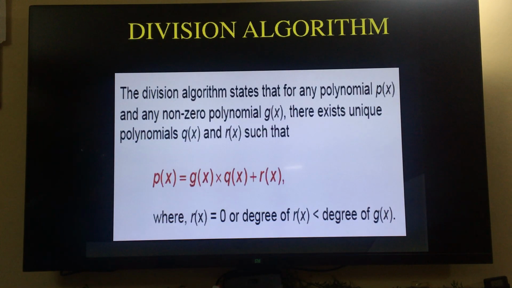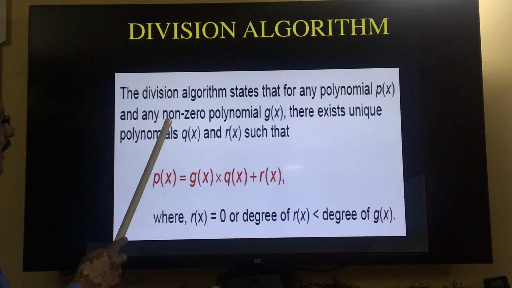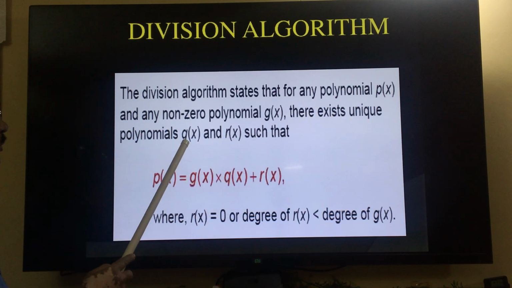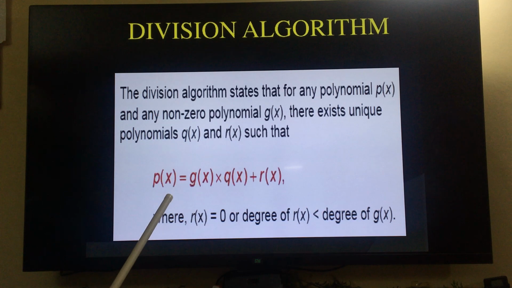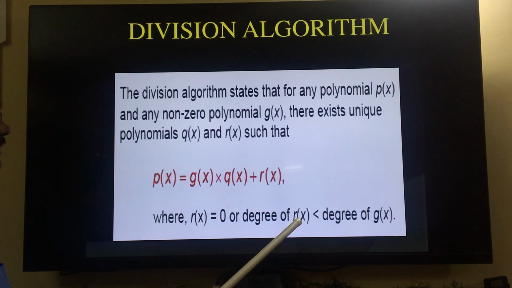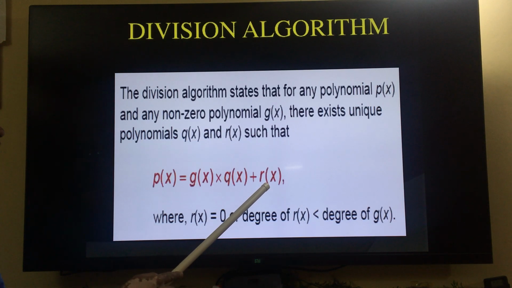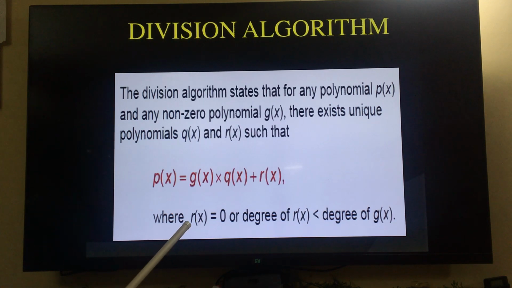The division algorithm states that for any polynomial p(x) and any non-zero polynomial g(x), there exist unique polynomials q(x) and r(x) such that p(x) is equal to g(x) into q(x) plus r(x), where r(x) is equal to 0 or the degree of r(x) will always be less than the degree of g(x). And r(x) may be 0 or may not be 0.